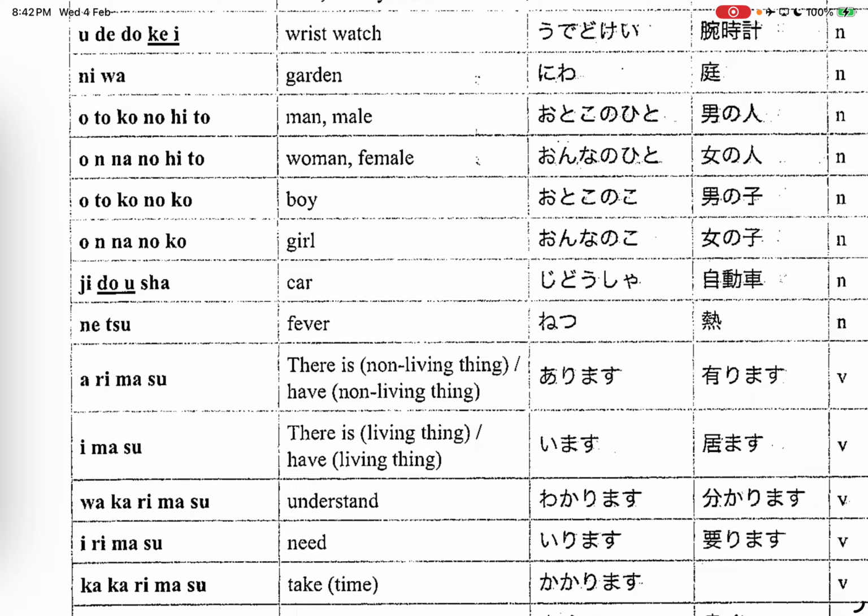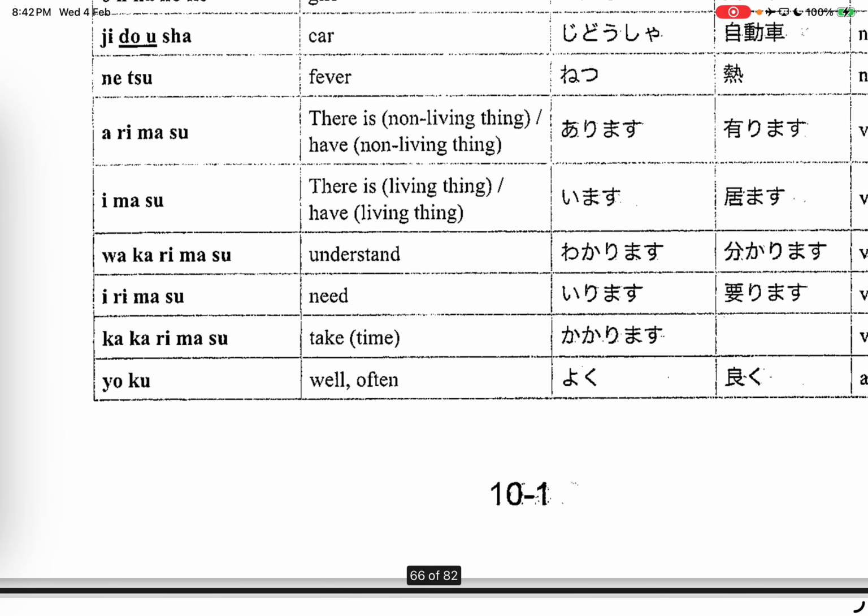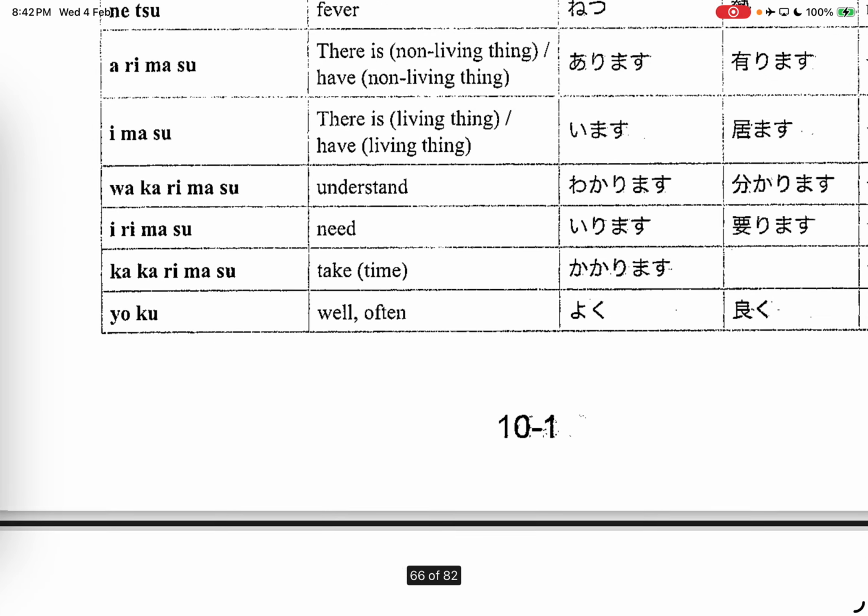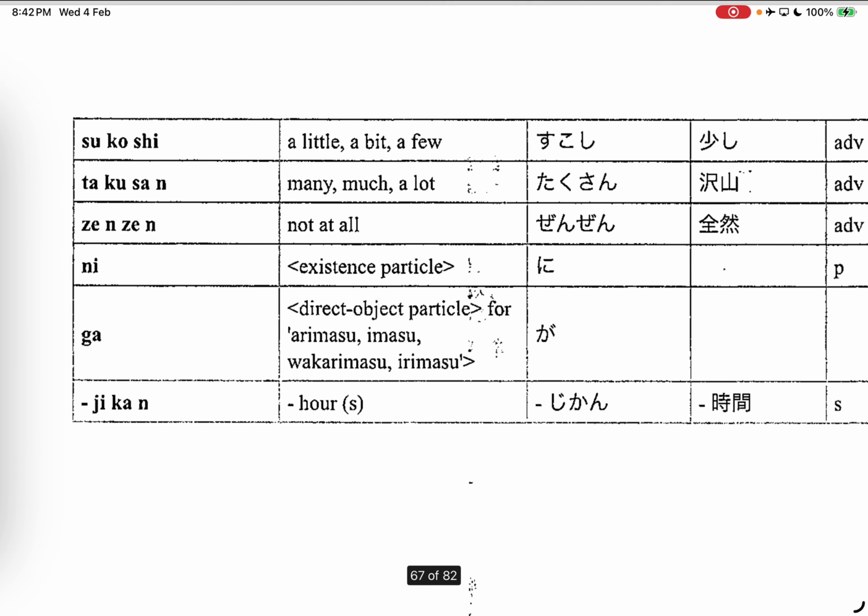Next: aru, imasu, wakarimasu, irimasu, kakarimasu, yoku, sukoshi, takusan. Right, the U is silent, huh? Zenzen, ni. Right, this is the existence particle, which is what I mentioned, the positional particle.